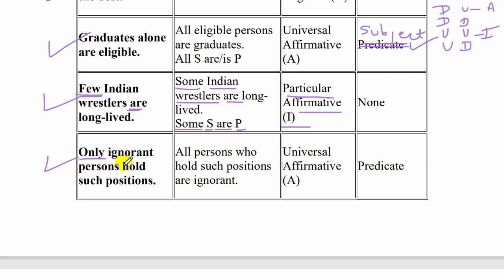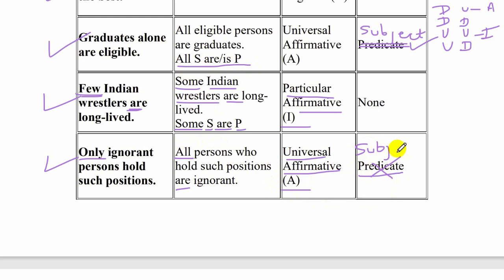Only means all. Only ignorant persons hold such positions. All persons who hold such positions are ignorant. So all are. And the proposition type will be all S are P. It's a universal affirmative A-type proposition. The predicate part is distributed.